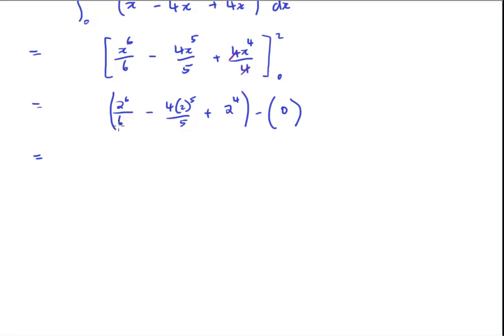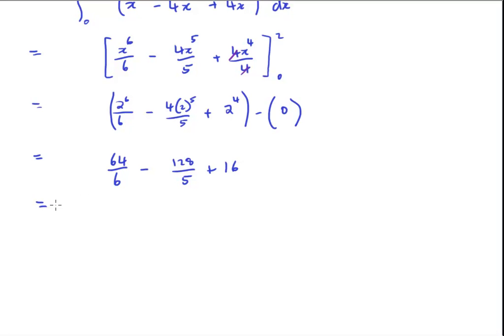You should know the first few powers of 2, and 2 to the 6 is 64. That's 6 2s all multiplying by each other, gives you 64 over 6. In this case, 2 to the 5 is 32. 4 lots of that, 128, over 5. And then 2 to the 4 is 16.